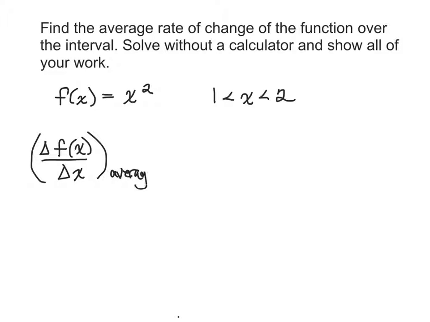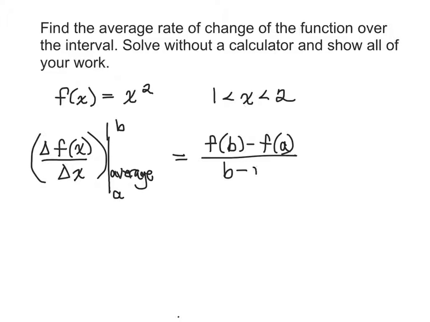So the average rate of change on an interval would be f of b minus f of a over b minus a. So this is what we need to do, is we need to find f of 2 minus f of 1 all over 2 minus 1.